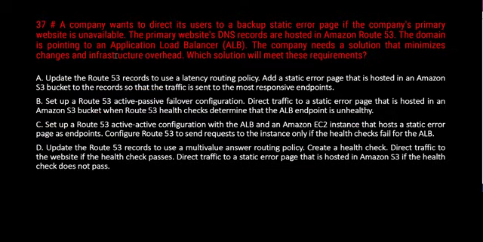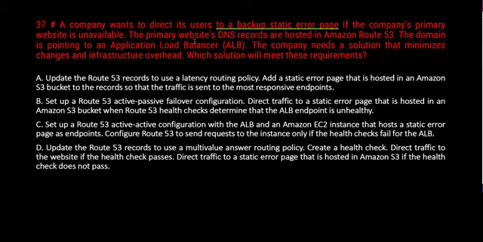Question number 37. A company wants to direct its users to a backup static error page. Okay, so the error page is already created somewhere, if the company's primary website is unavailable.